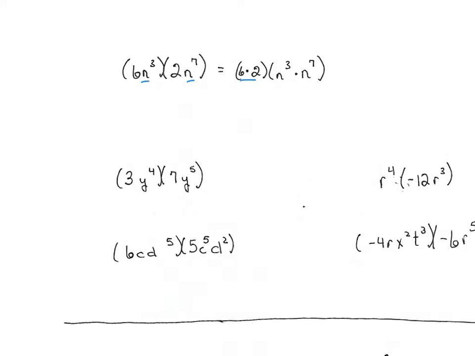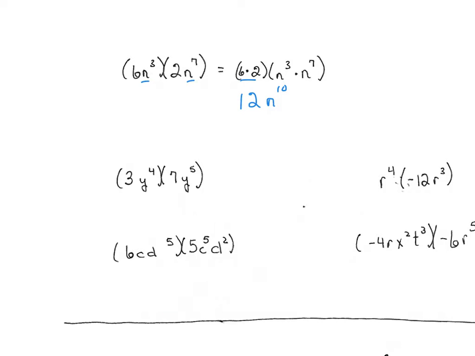So we have 6 times 2, and we have n to the 3rd times n to the 7th. Well, we know that 6 times 2 is 12. We multiply the constants together. And because I have the same base, n, I can add those exponents, and n to the 3 plus 7 is n to the 10th. So this is really a relatively easy process.